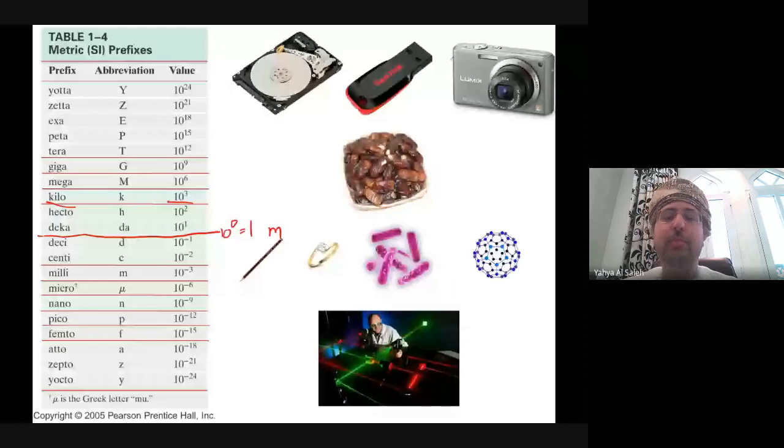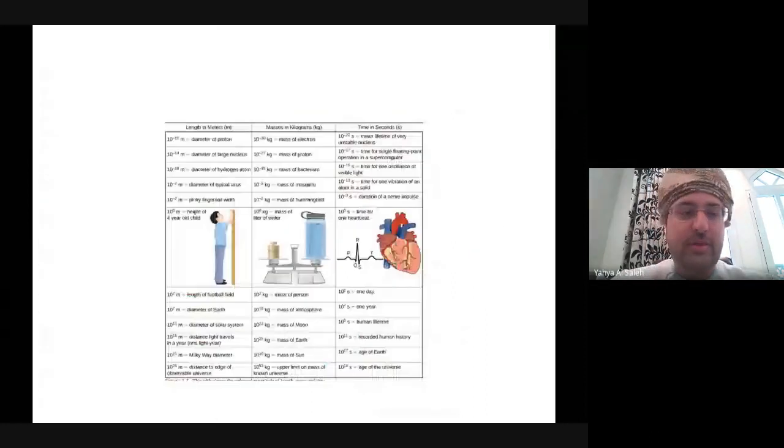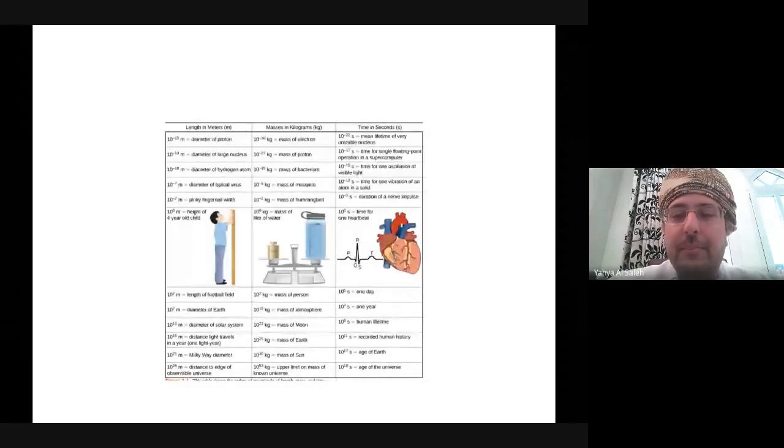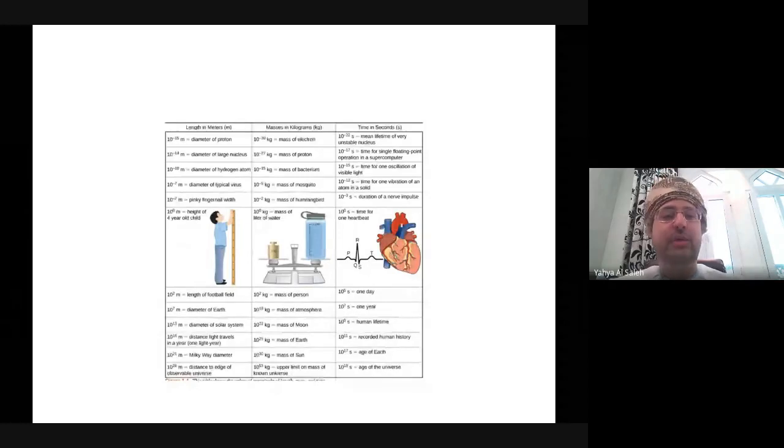Now, to go back to the idea from the beginning, I'll come back to miles in a second. At the beginning, we showed these 3 photos. Here's the length range that we deal with on a daily basis without thinking. 10 to the minus 15 meters is the diameter of a proton. 10 to the 26 meters is the distance to the edge of the entire observable universe.